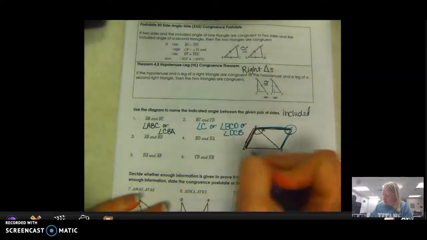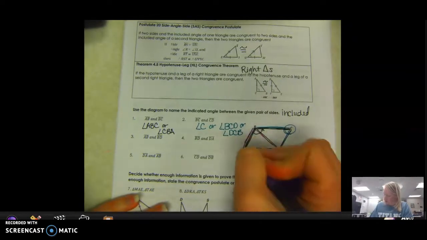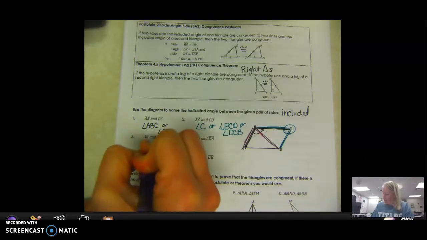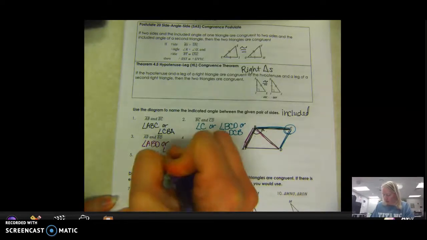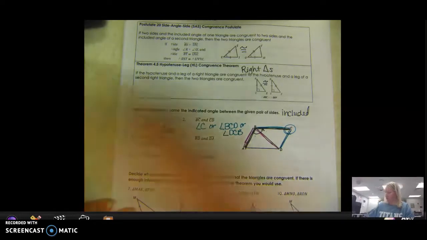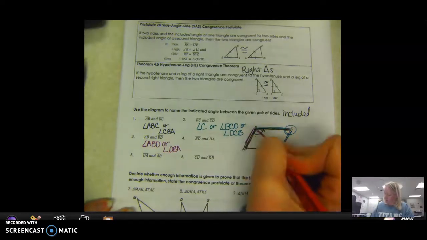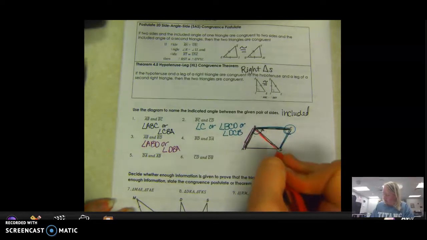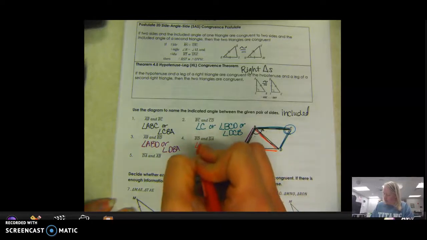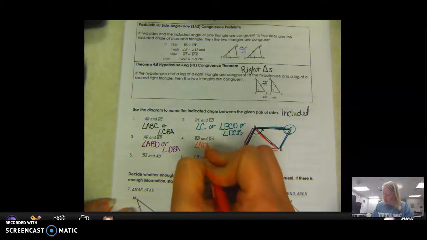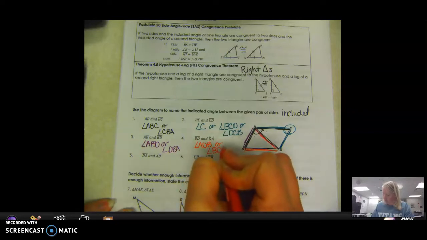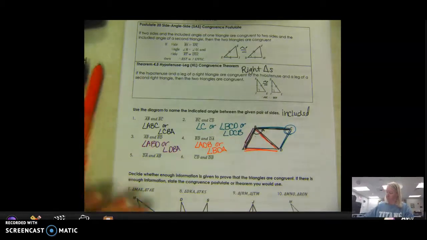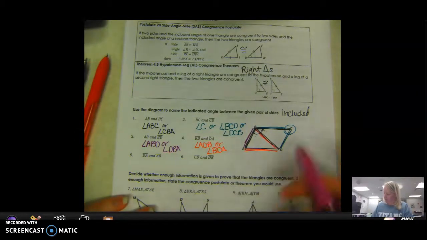A to B and B to D. So that would make this angle, which is angle A to B to D, or we call it D to B to A. Next one is B to D and D to A. That would be angle A to D to B, or angle B to D to A. Next would be DA and AB.